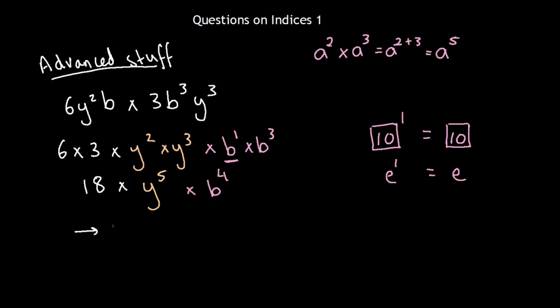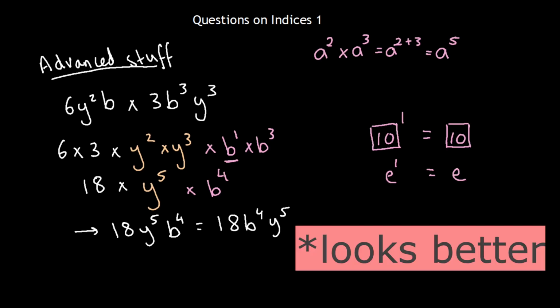So you go 18y to the power of 5, and then b^4. Now in maths we tend to write it alphabetically, so this would be 18. You don't have to really, but it's good practice if you do. Okay, it just looks more, that's all it is, it looks more.